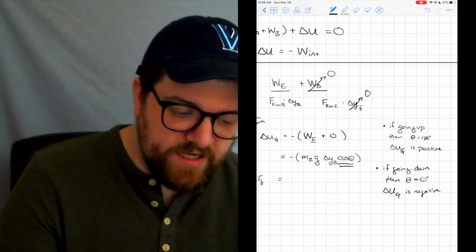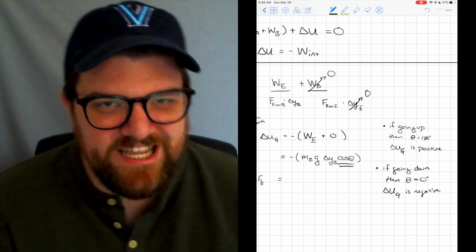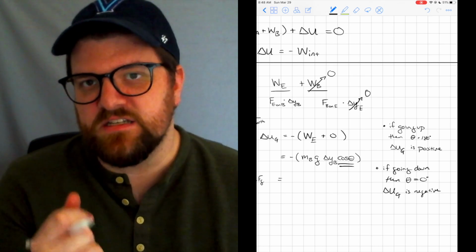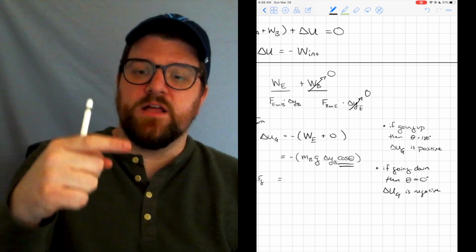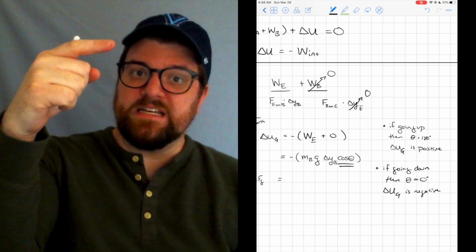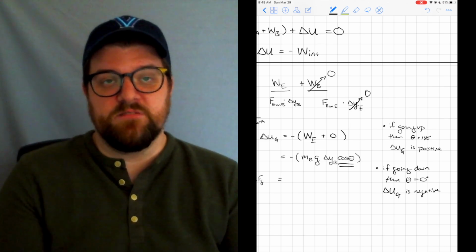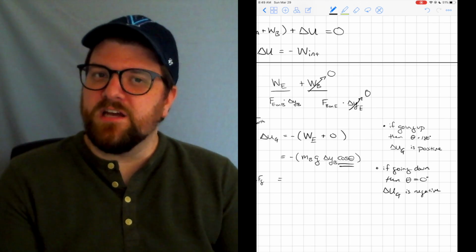Let's quickly talk about that for a second. Where do we get or lose this energy to? If I throw a ball up into the air, I get slower and slower until I stop, I turn around, and I come back down, and then I'm accelerating, speeding back up. So it's probably coming from kinetic energy.